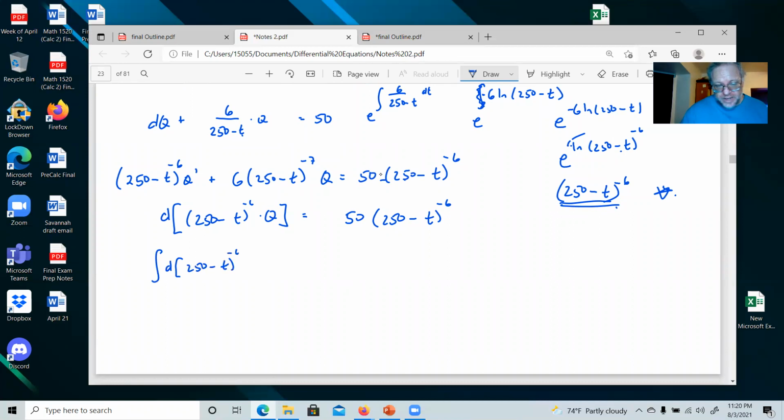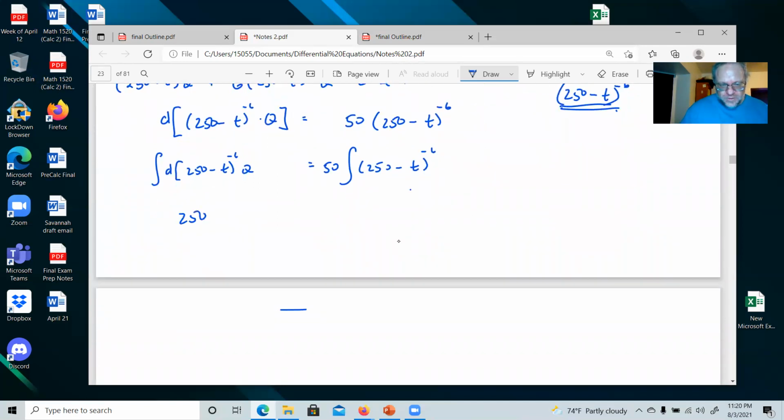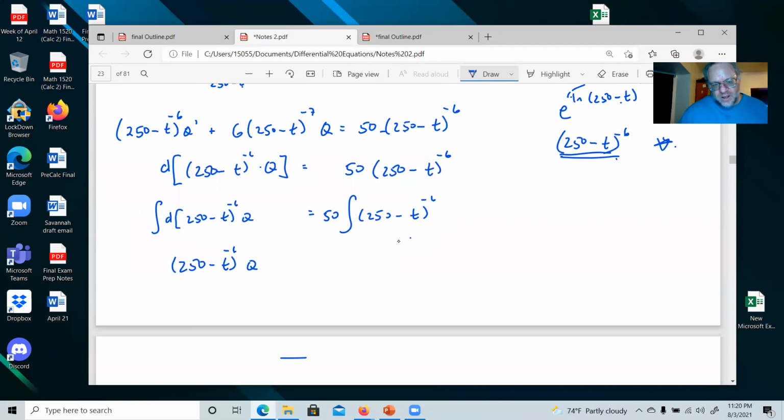250 minus t to the -6 q, right? That is equal to the integral. I put the 50 outside here, that doesn't really matter. 250 minus t to the -6. All right, so this is going to be 250 minus t to the -6 q. Actually, when I take this derivative, it's the derivative of the first, q prime, times the second, plus, when I take this derivative, isn't this going to be negative 6 times 250 minus t to the negative 7 times negative 1, so that changes it to a positive, because it's a chain rule.